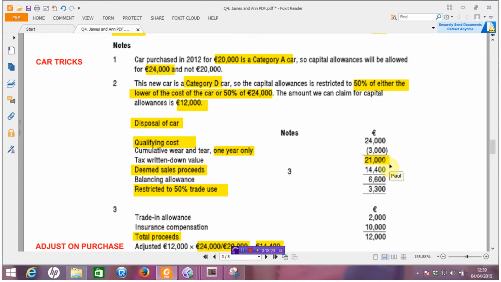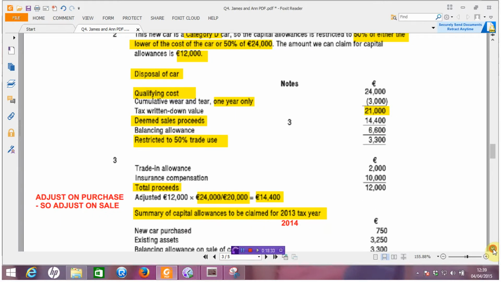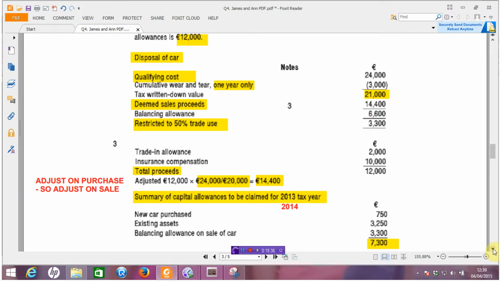Now, in this particular issue, and this can be difficult to understand, where we have an adjustment to the cost on an ingoing basis, we also have to adjust the proceeds. So in other words, when this car was introduced into the business in 2012, its cost was adjusted upwards from 20 to 24.